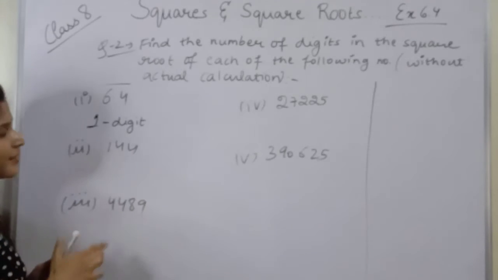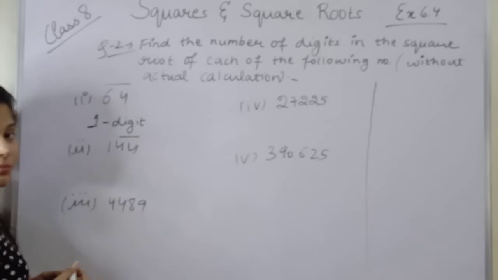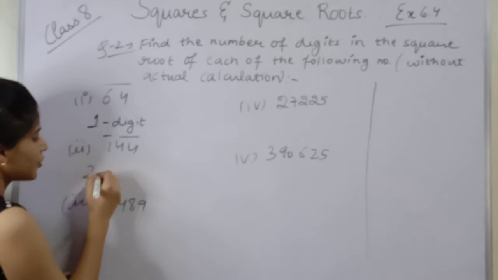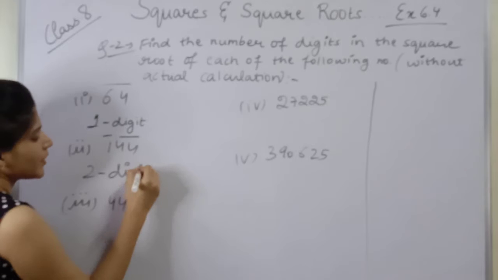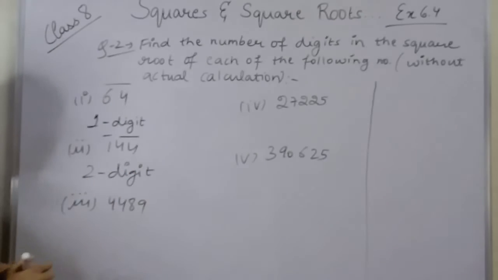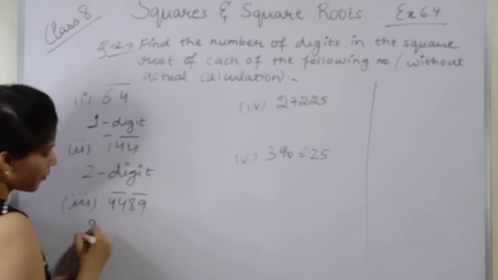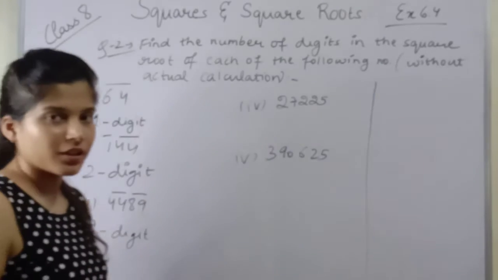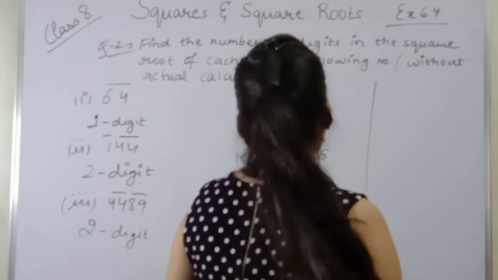Now let's come to the second part. In the second part, 1 bar on 44 and 1 bar on 1. So 2 bars, so 2 digits in the square root of this number. Okay. Third part again 2 bars, so 2 digits. Okay. This is the simplest method to solve this question.